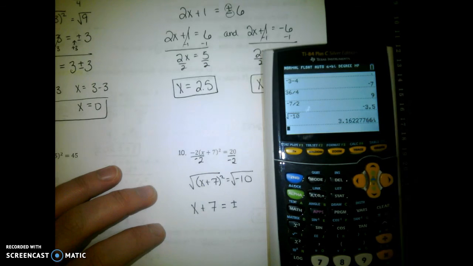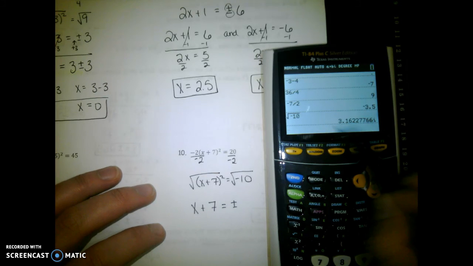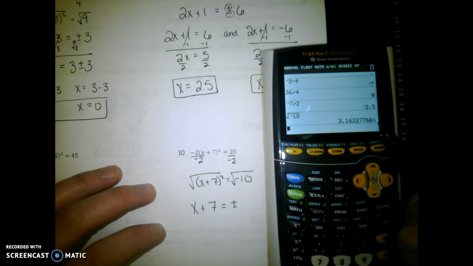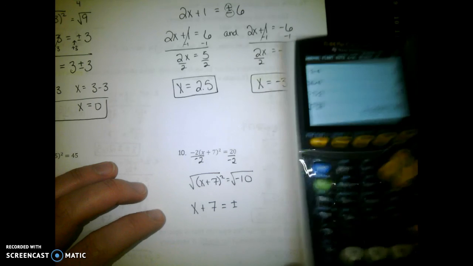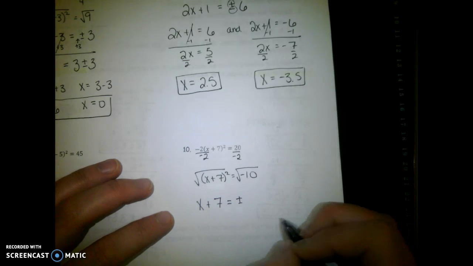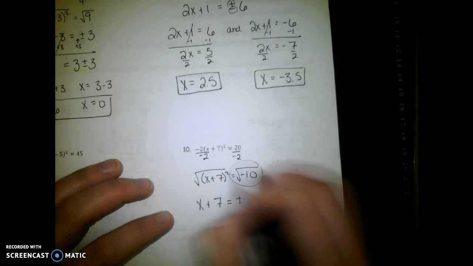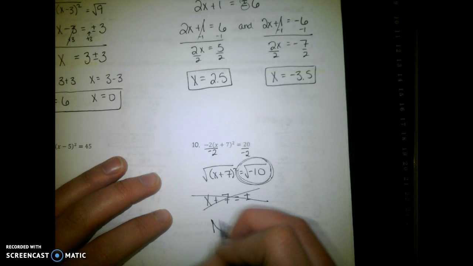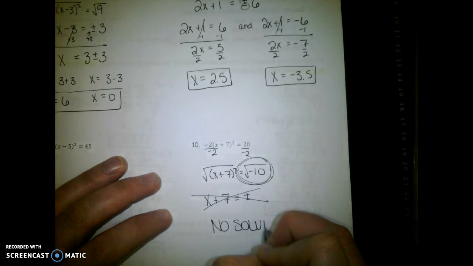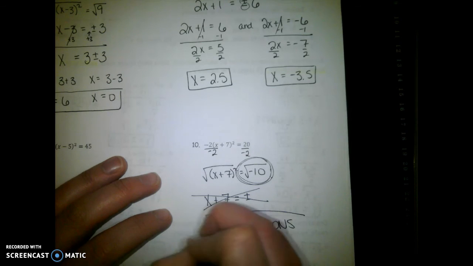Well, wait a minute. That's kind of a weird looking number because there's an i at the end. Your calculator will either have an i or it will say error, non-real solution or non-real answer. If you see that i, that means it's not possible. Remember, we can't do the square root of negative numbers. So at this point, we just stop and say no solutions.